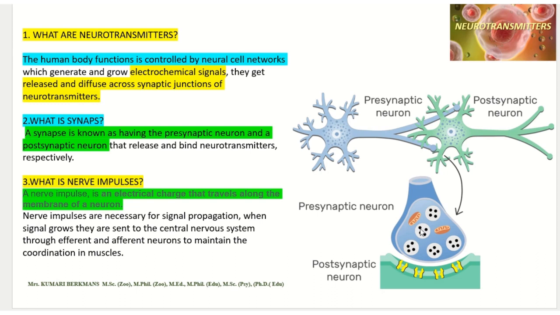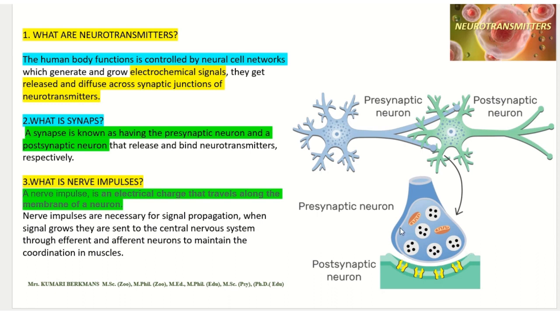Now let us see what is synapse. This part is called the synapse. That is the presynaptic neuron and the postsynaptic neuron. In between these two there is a cleft. There the neurotransmitters are released, and from here they move to the next neuron through this cleft.